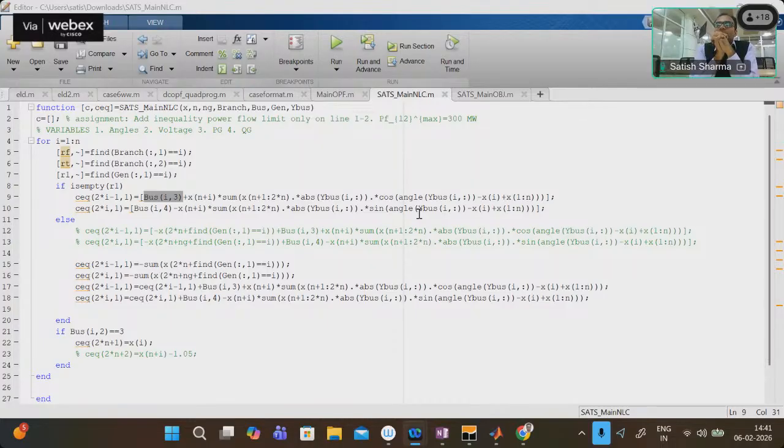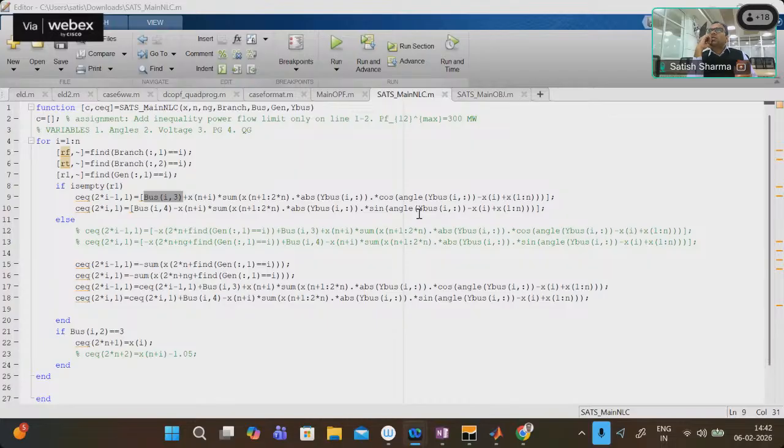I have a question for you. Is bus(i,3) the generation of the jth generator? So what is in the bus matrix?